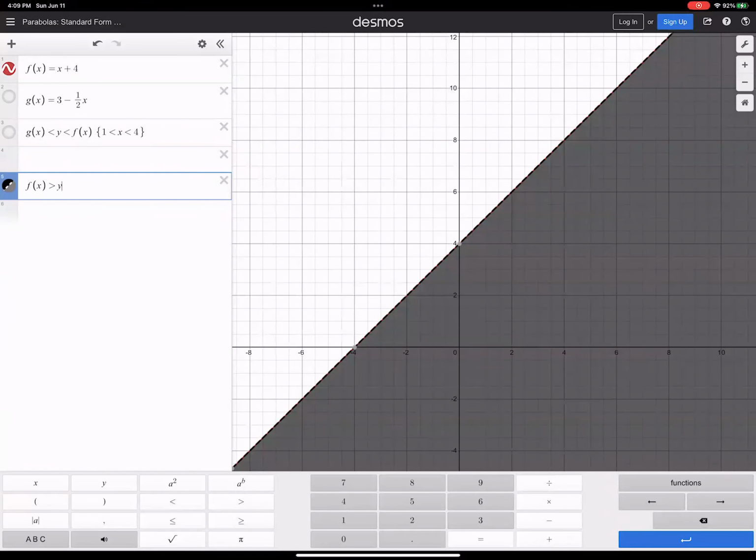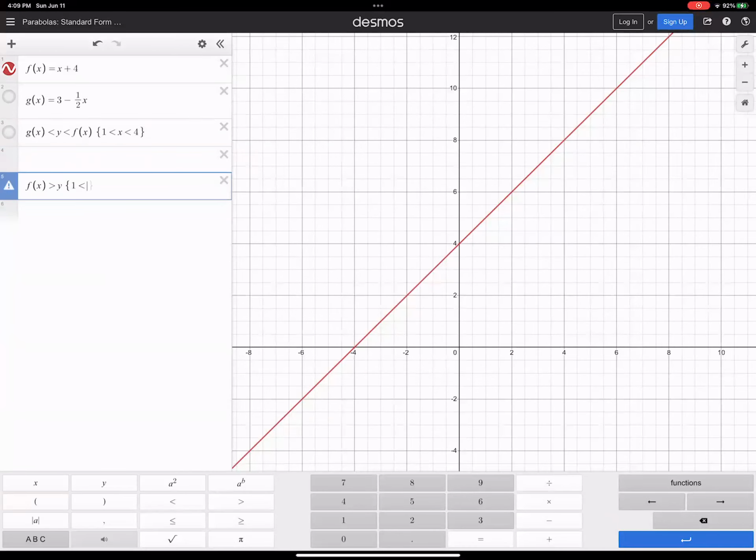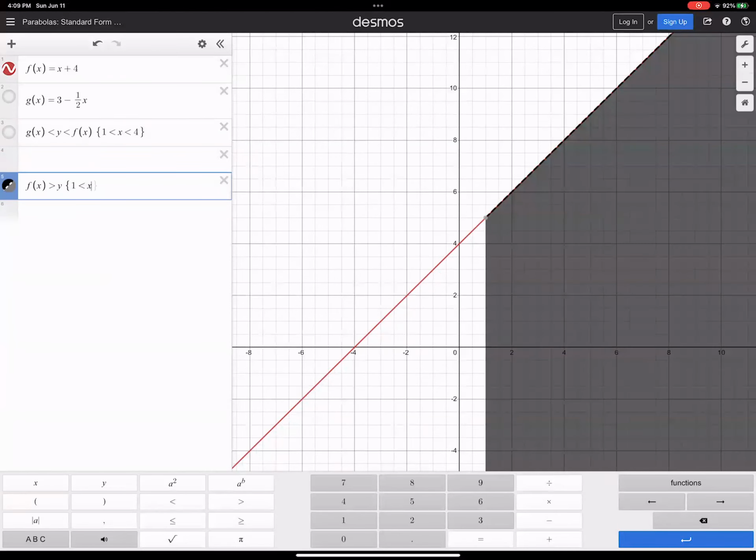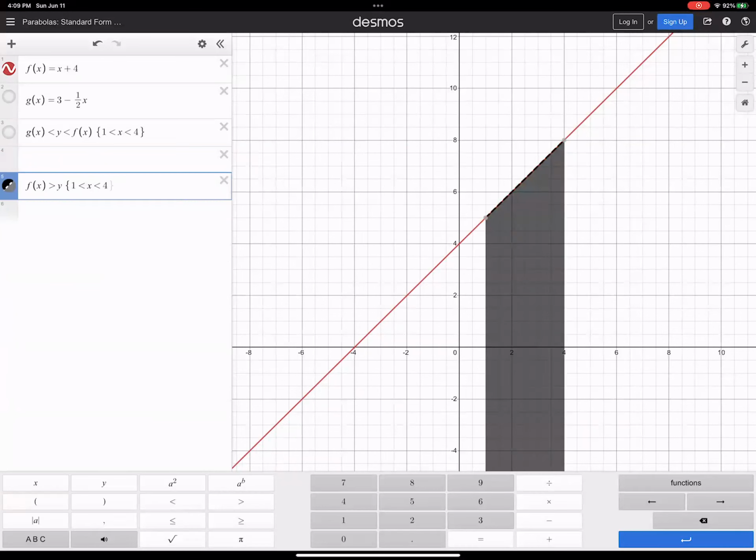So we're looking at all that region there. And more specifically, we could restrict the area. Let's restrict the area that we're looking at here, so from 1 to 4. So 1 is less than x, which is less than 4. So looking at that region, we're looking at the area above the x-axis.